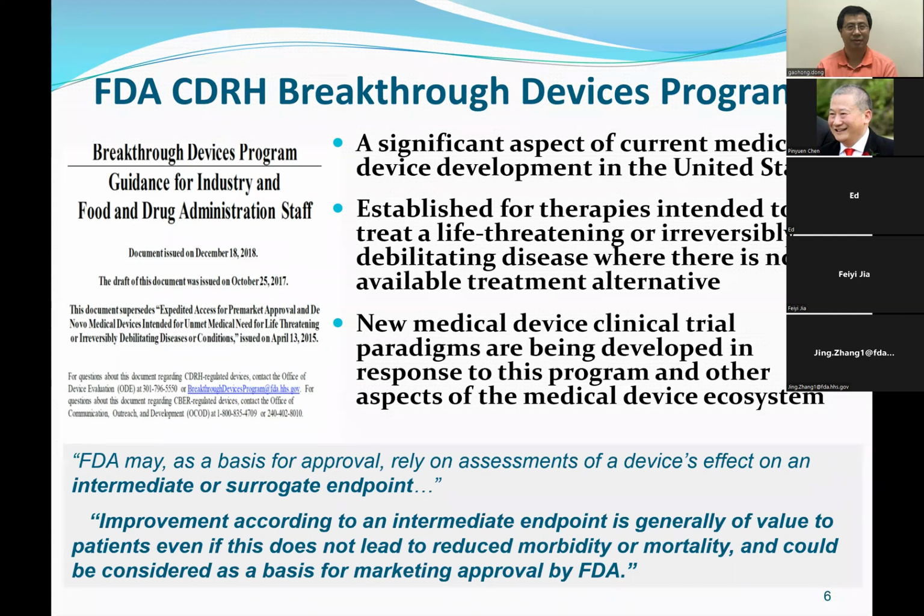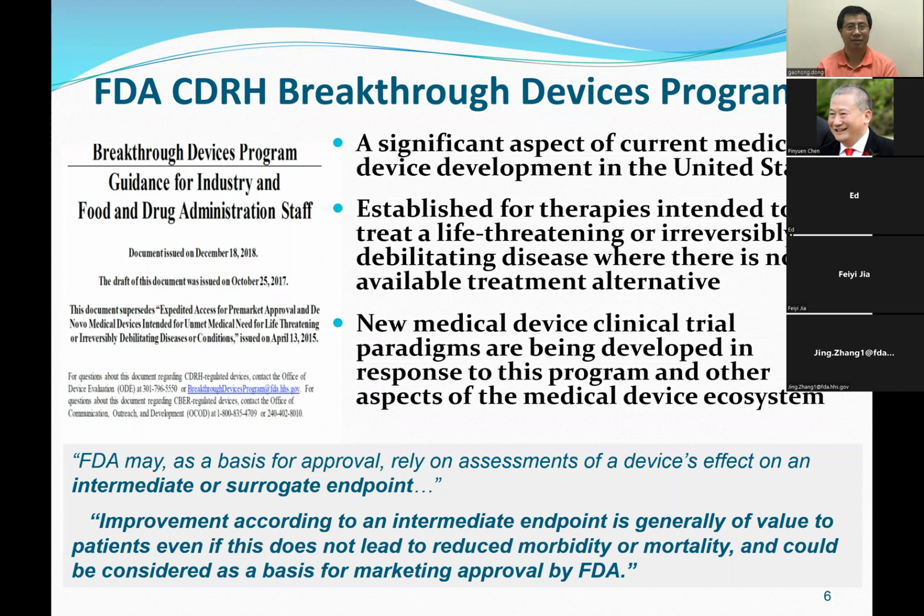And that's why starting a few years ago, the FDA Center for Devices developed the so-called Breakthrough Devices Program. It's become a significant aspect of medical devices development in the United States.